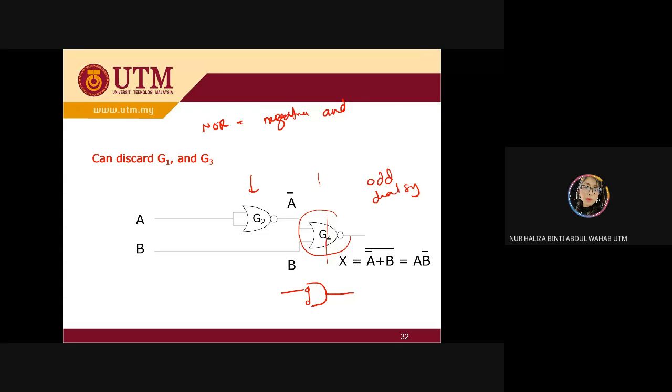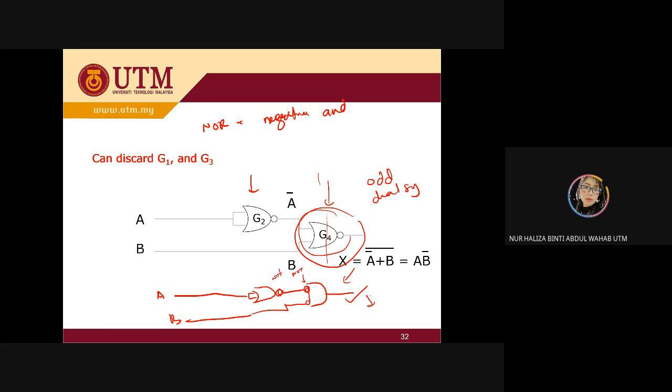It connects to this NOR, because this one is not changing. I just change the odd level A, and then there is a B like this. So this is the thing that you change. So you can see here, this bubble is what? NOT. This bubble is what? NOT. So if only, you need to do step by step. This step is okay, correct.